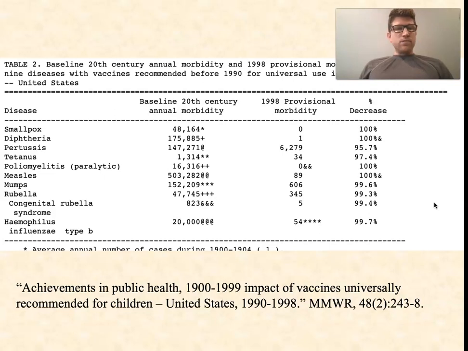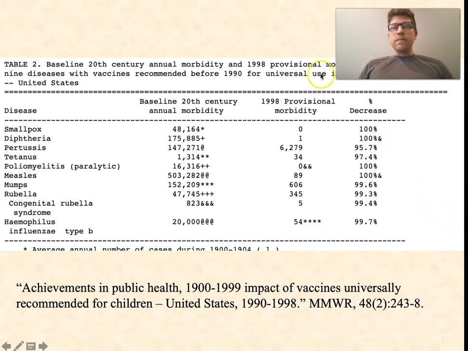And if you jump down to Haemophilus influenzae type B, that's the Hib vaccine. Early 20th century is about 20,000 cases per year, and the 1990s averaged in the 50s of cases per year. And you can dig up these data and read all about it on your own if you like from the Morbidity and Mortality Weekly Report, the particular issue down at the bottom of the screen.